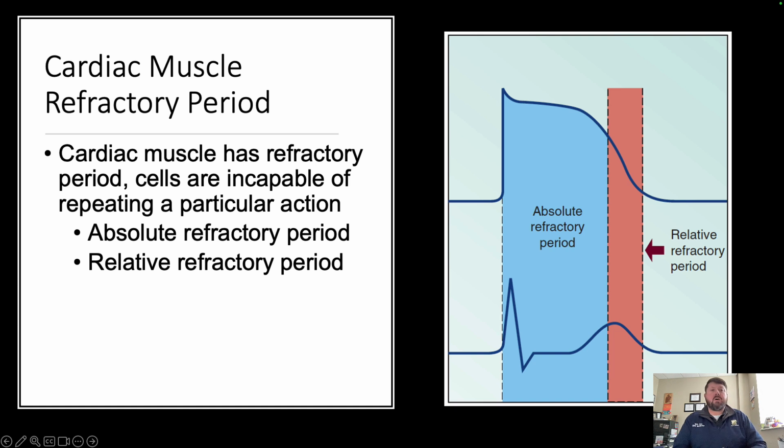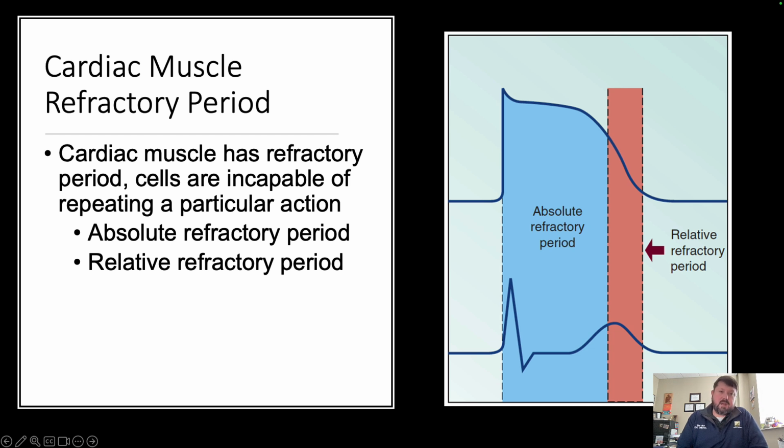So the cardiac muscle refractory period, if you notice, this is during the phases of the action potential. You've got the absolute refractory period, and then you've got the relative refractory period. So refractory periods are the period during which the cell is depolarized or in the process of repolarizing.